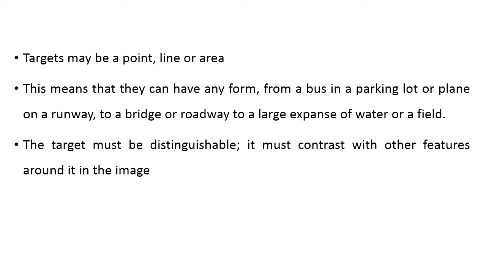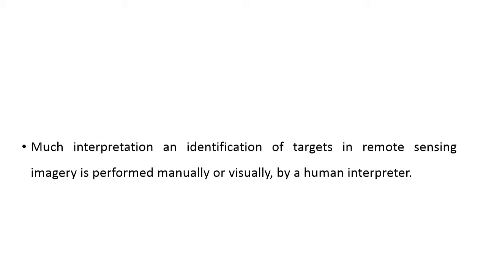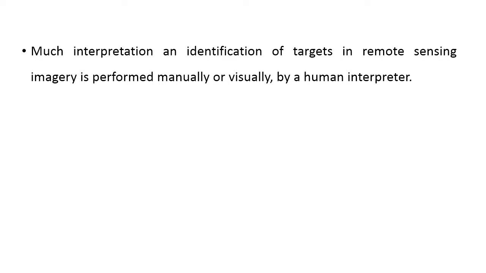The target must be distinguishable. It must contrast with other features around it in the image. Much interpretation and identification of targets in remote sensing imagery is performed manually or visually by a human interpreter.